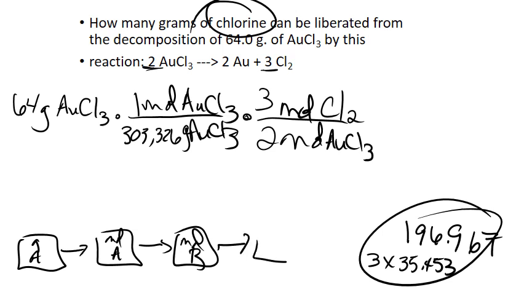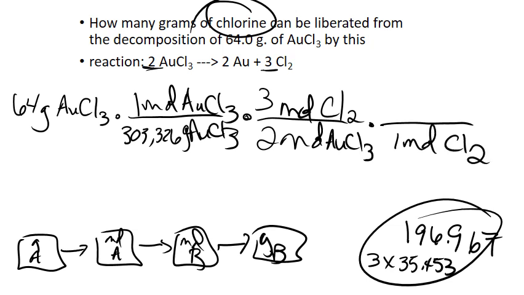Then our last step is to go from moles of B to grams of B. Moles of Cl2 is on top, so that's what's going to go on bottom. And then we go to grams of Cl2, but we always say how many grams are in 1 mole. If we're going from moles to grams, we have to use the periodic table.